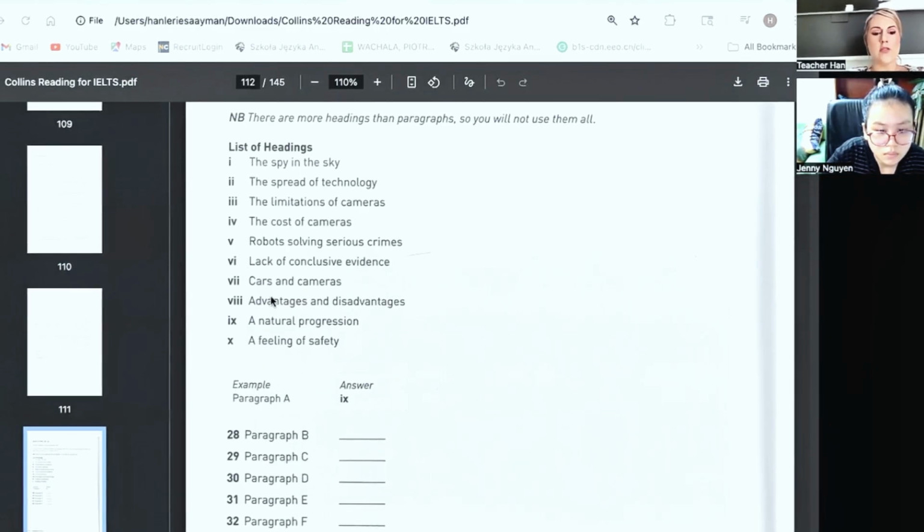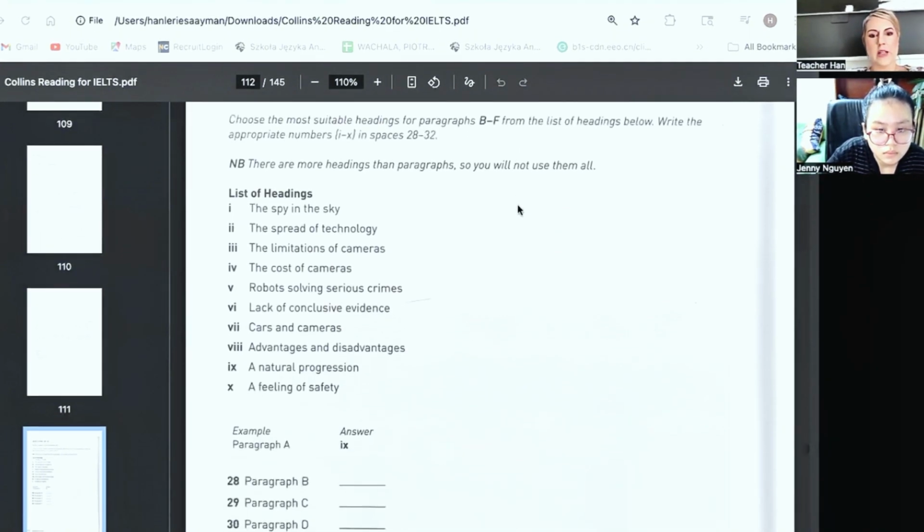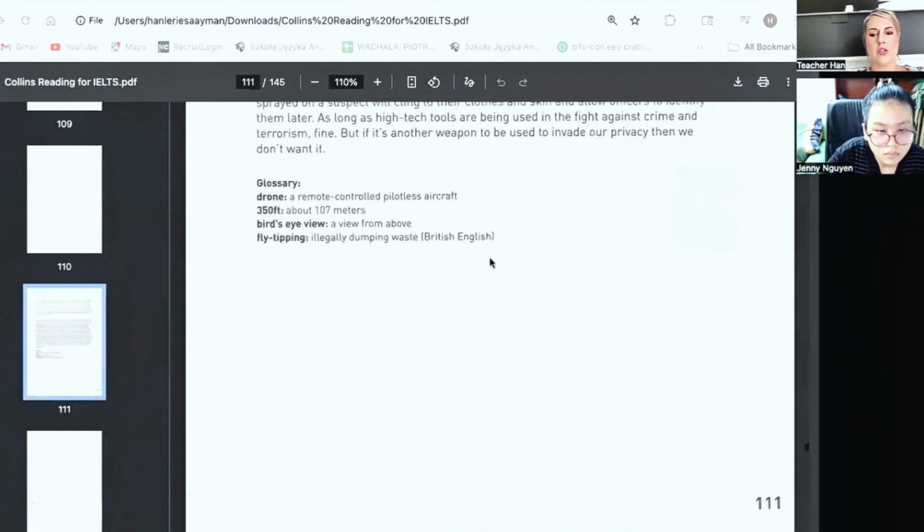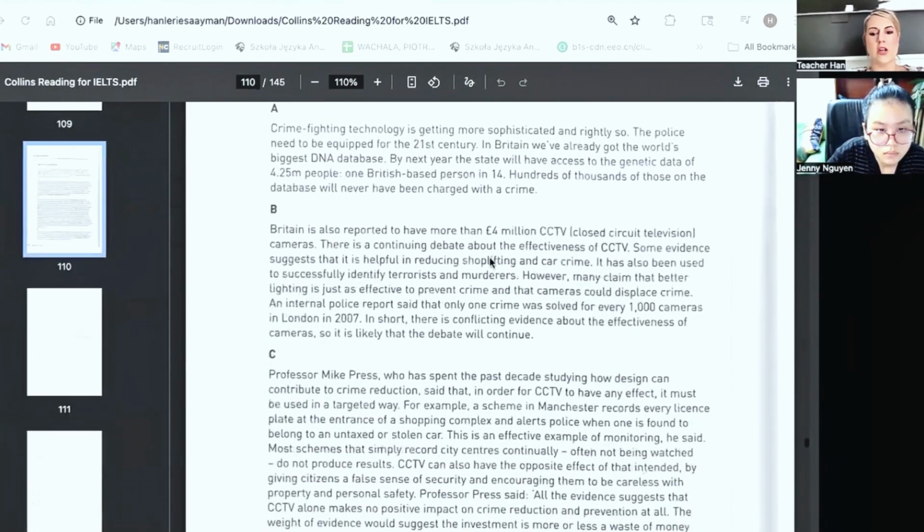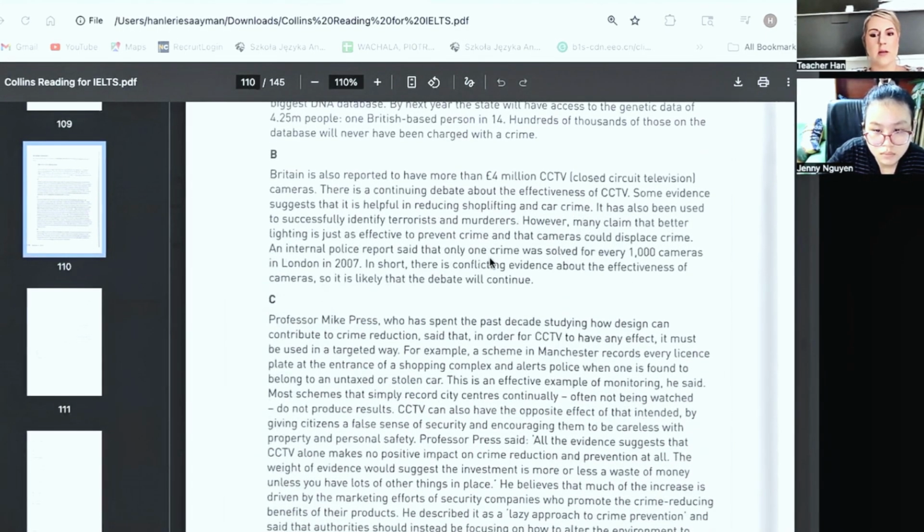Okay, so let's have a look at B. Why would you say the cost of cameras? I don't remember. This reported some evidence as well. Okay, so this is B. So I guess it's not.